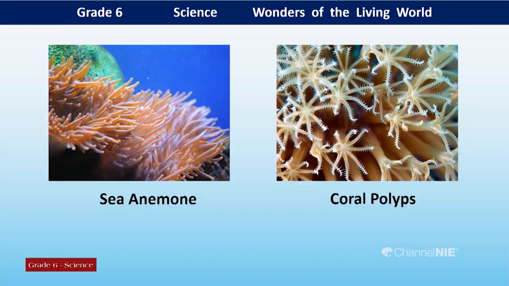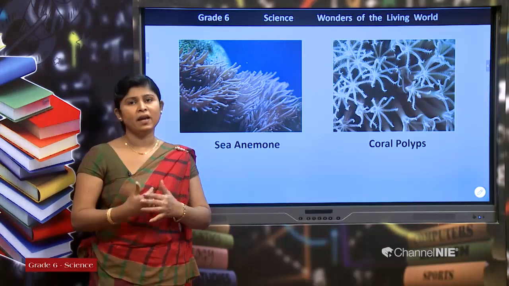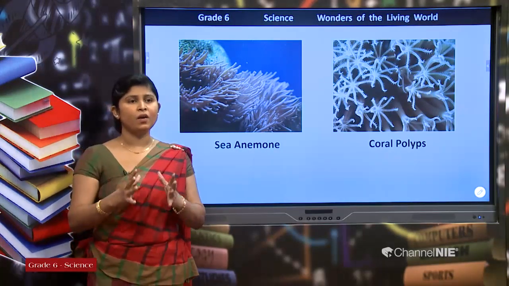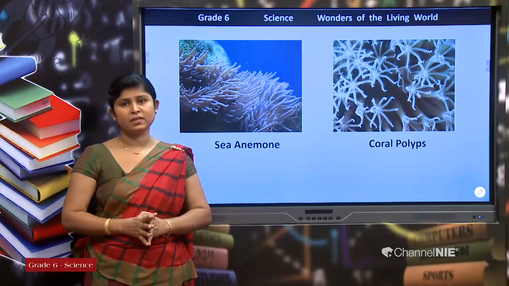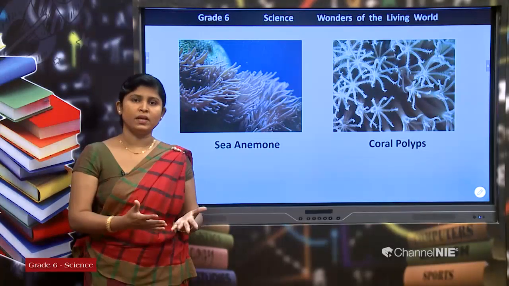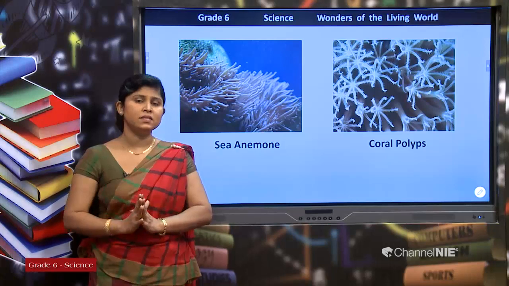The speciality of these animals is they can't move. Although they are animals, they cannot move from one place to another. They are fixed onto a surface. They can't go from one place to another. They are fixed onto a stone or onto another surface.